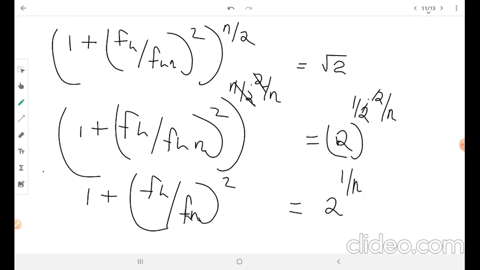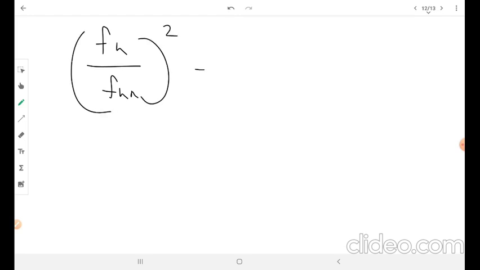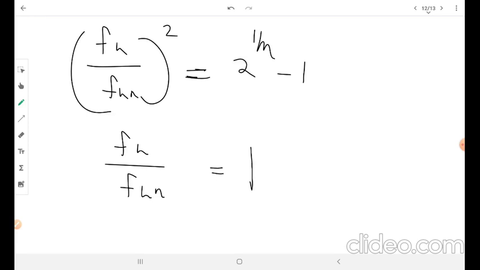So FL by FLN all squared equals 2 raised to 1 by n minus 1, that is FL divided by FLN equals the square root of 2 raised to 1 by n minus 1.